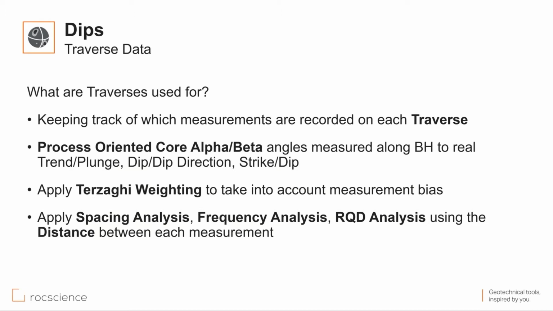Traverses are used in DIPS for the following 4 reasons: keeping a record of which measurements were taken on each traverse, processing oriented core data from local alpha-beta angles to real trend plunge, applying Terzaghi weighting to correct for measurement bias, and finally, you will need the distances of each recording along a traverse to conduct spacing, frequency, and RQD analysis in DIPS.